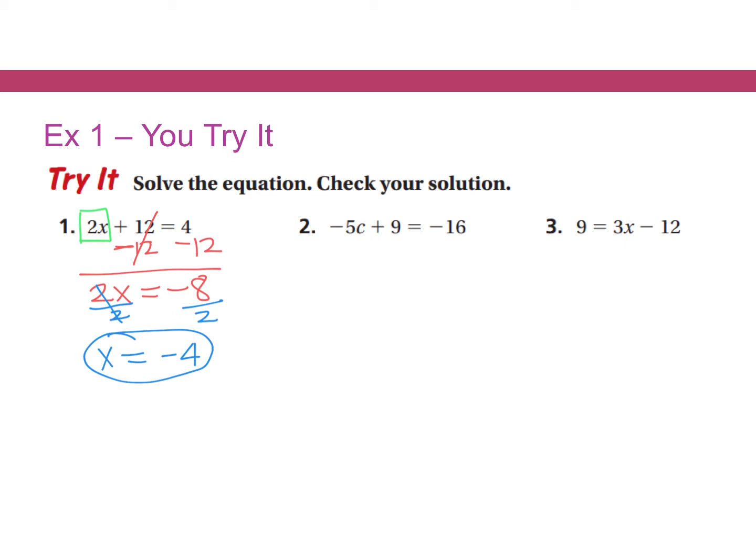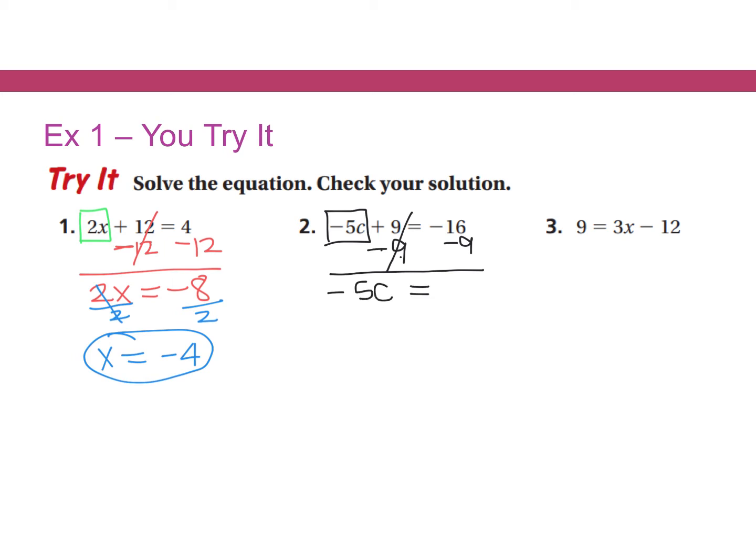For number 2, I have negative 5c right here. So I need to undo that addition of 9 by subtracting 9 from both sides. My 9s are going to cancel, leaving me with negative 5c.